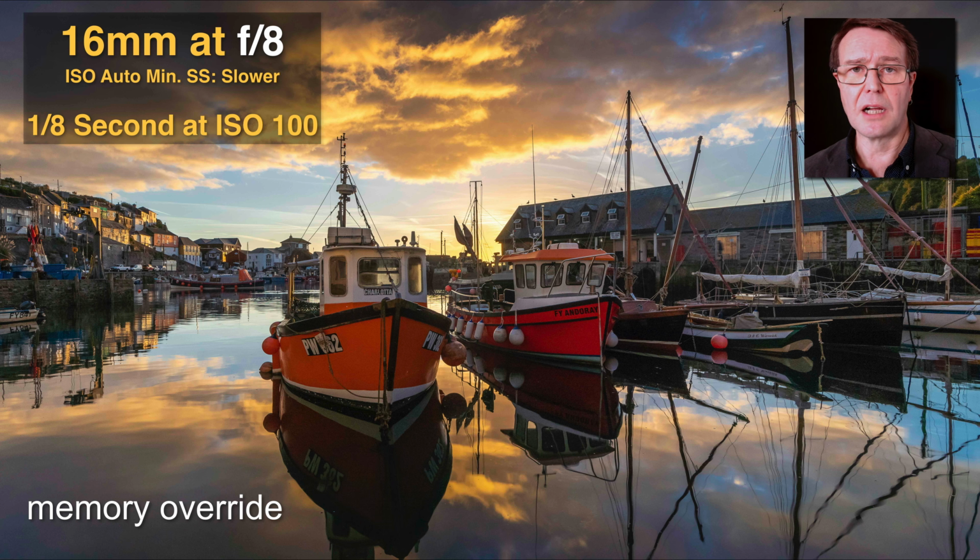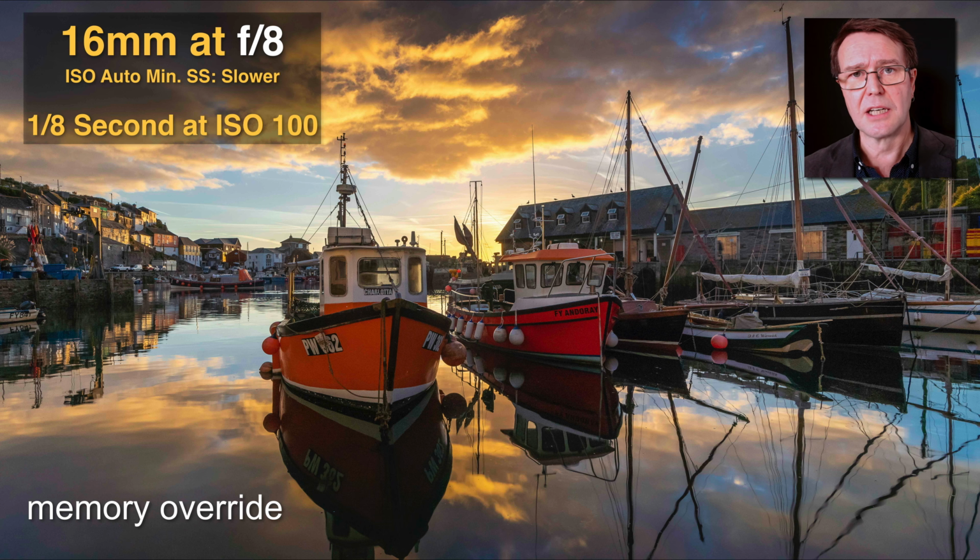Now, when I'm using an ultra wide angle lens, the shutter speed will be allowed to go significantly slower. There is a reciprocal relationship between the shutter speed with auto ISO and the focal length of the lens. So typically, if you are using a focal length of say 100 millimeters, and you were using the standard ISO auto minimum shutter speed, it would want to take the picture at 1/100th of a second.